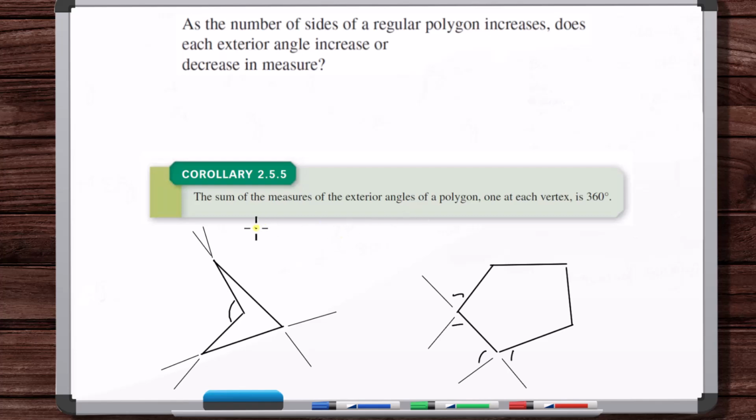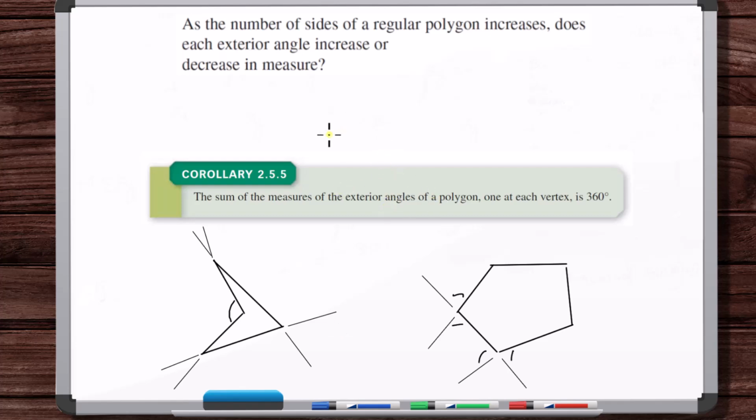And so what this corollary is saying is that for any polygon, no matter what the polygon is, regular, concave, convex, non-regular, whatever, if you sum the measures of all of the exterior angles, just taking one angle at a vertex like this, a convex vertex, the sum is going to be 360 degrees in all cases, which is really interesting.